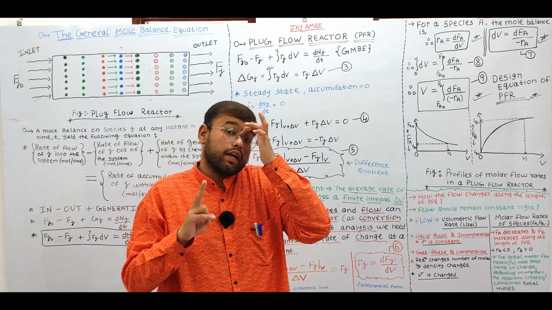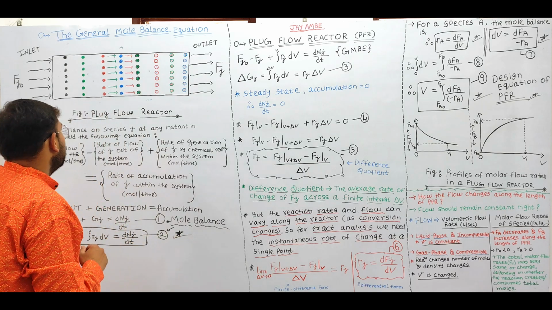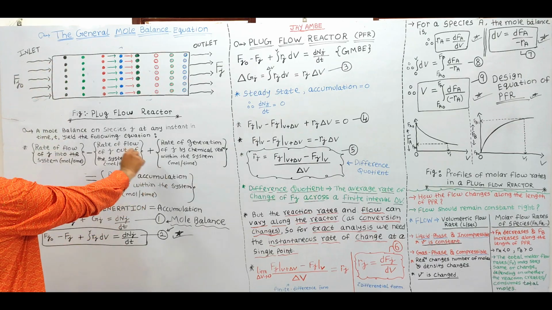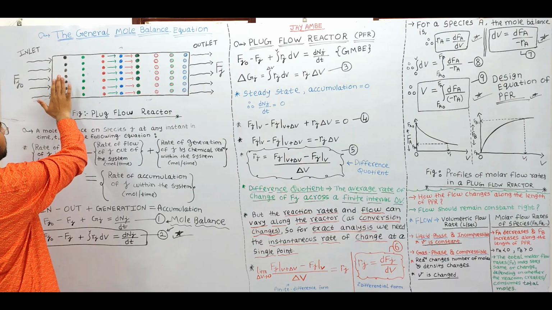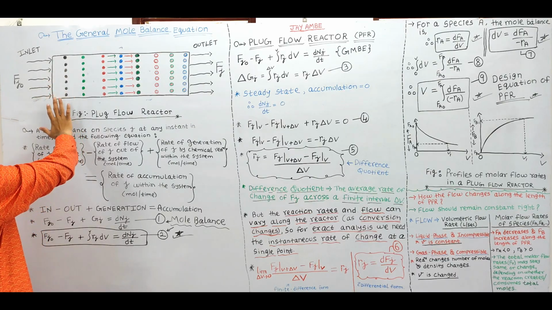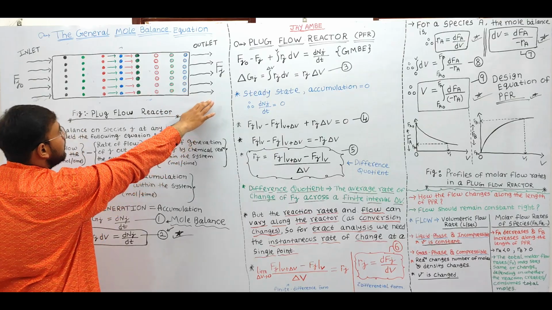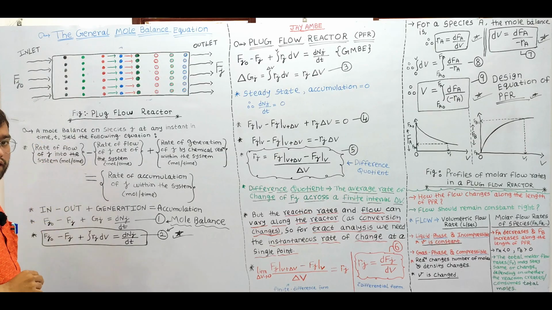Okay, so the second assumption is, in the ideal plug flow reactor, the plug which is entering the reactor will not mix with the plug which is exiting the reactor.